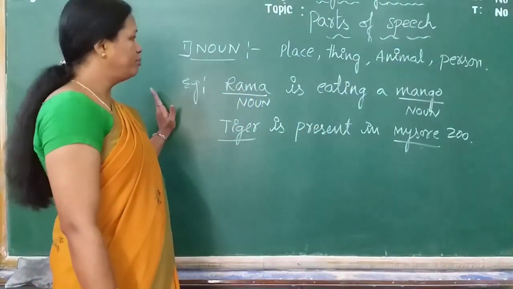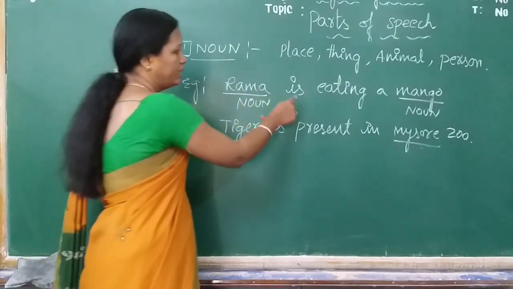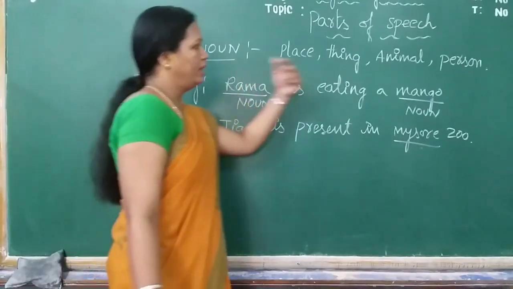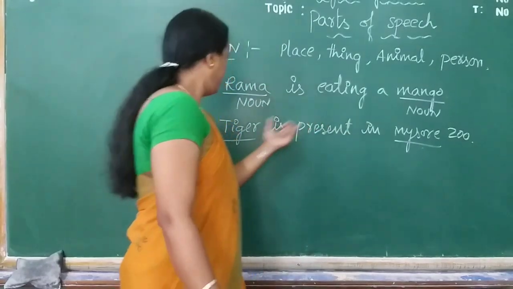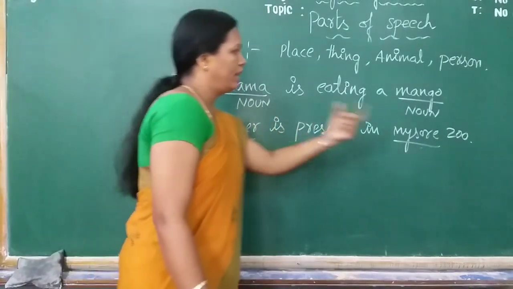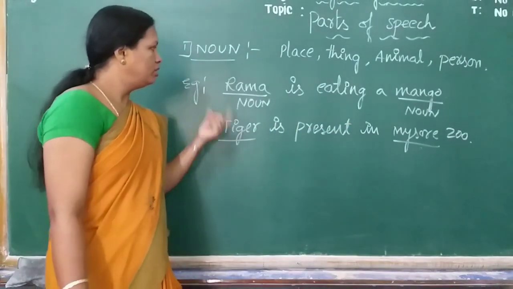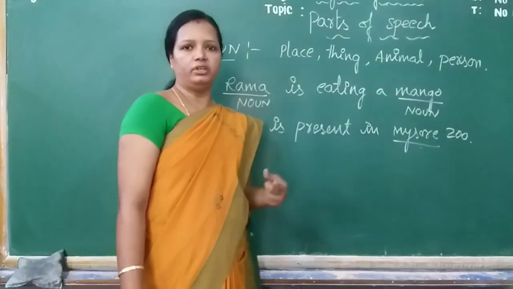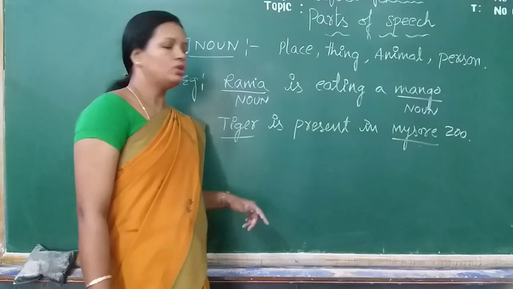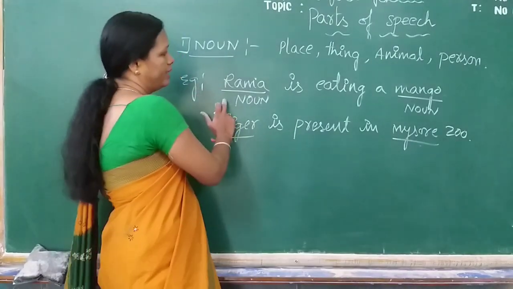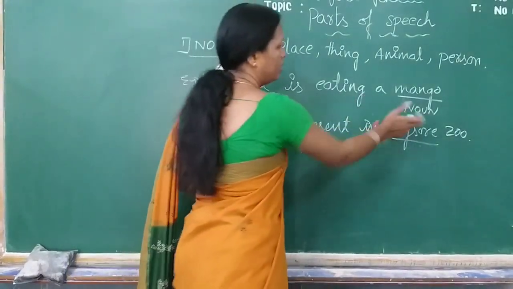So if you take an example of a sentence, that is, Rama is eating a mango. So Rama is a noun and mango is also a noun, and here tiger is also a noun and Mysore is also a noun. That is the name of a place, animal, person and thing. So in this sentence, Rama is eating a mango.